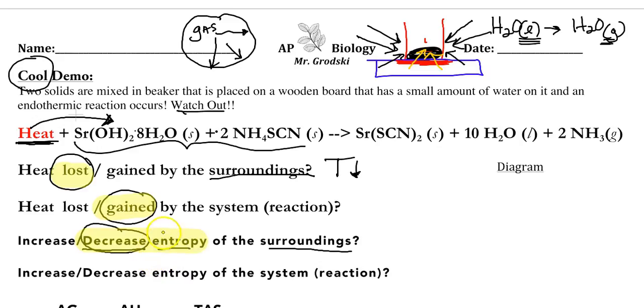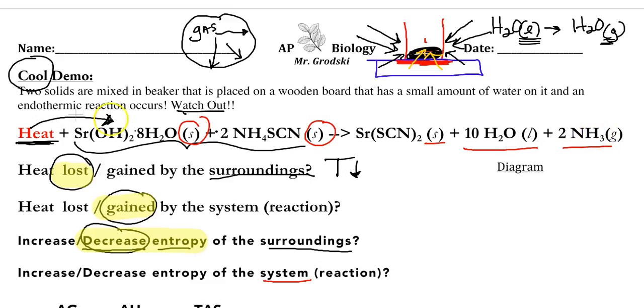What about the entropy of the system? That's interesting. That's important. When I look at the system, as I said before, I've got to look at the molecules. Now the water is considered to be part of the surroundings. So the system's in the beaker. Look what I have here. These are two solids. And what did I make? Another solid, okay. But I made 10 water molecules and 2 gases.